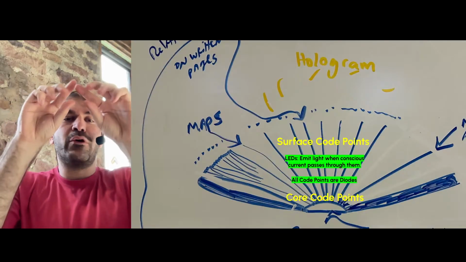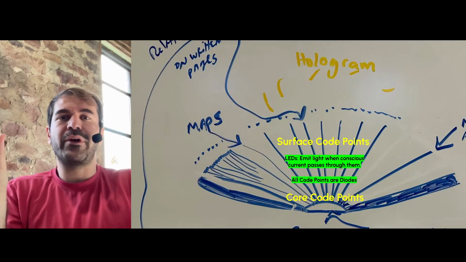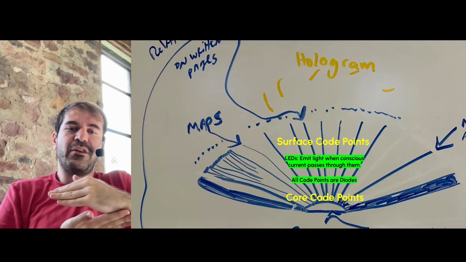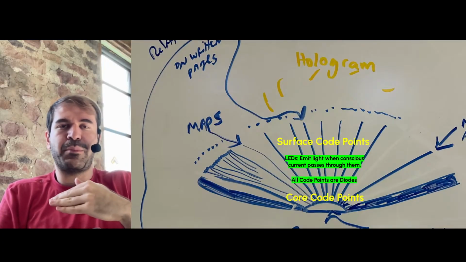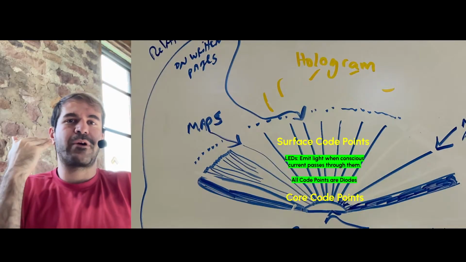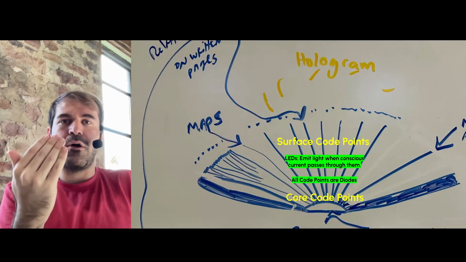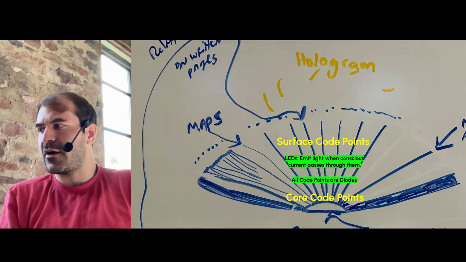Versus if those surface code points are integrated, but they're not what's rendering the reality. Instead, it's only these core code points that are constantly rendering your reality experience. Then you're going to have this pure self-knowledge, pure negentropic, pure flow of service, of love, of unity, of wholeness, all of that stuff.